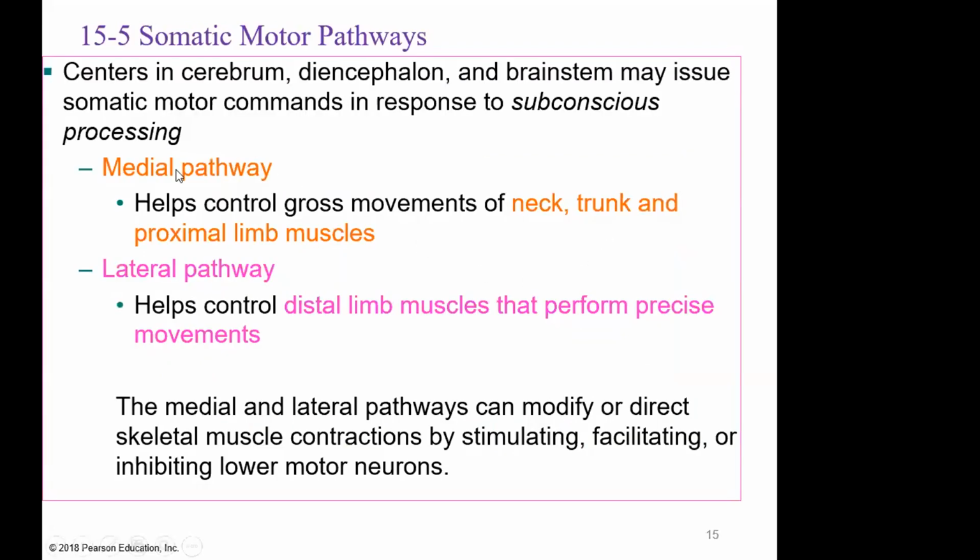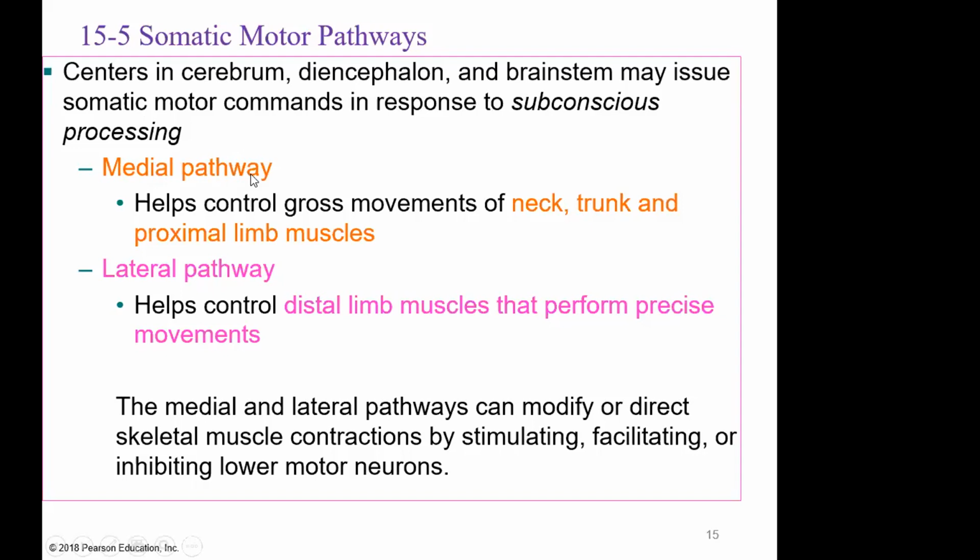So let's break apart the medial versus the lateral pathway. When we're looking at these, the centers in the brain, the cerebellum, diencephalon, brainstem, they can issue these somatic motor commands in response to subconscious processing. So corticospinal is all conscious, okay? Now we're getting into a little bit more of the subconscious information.